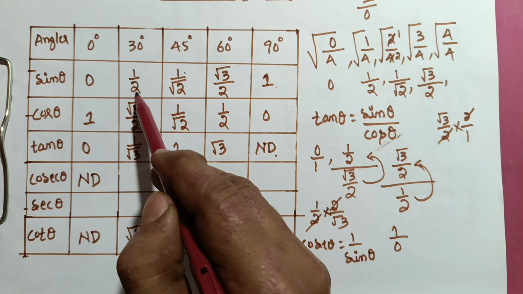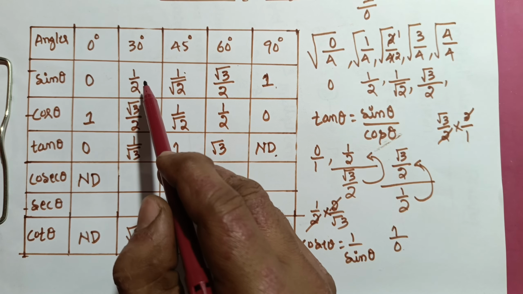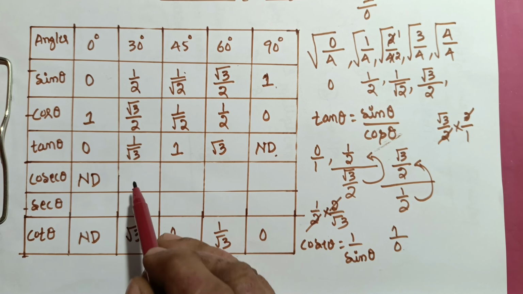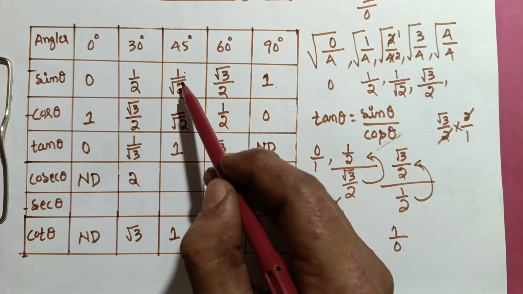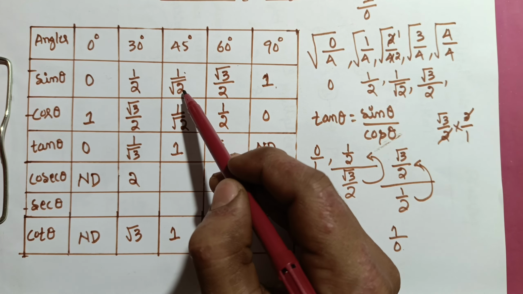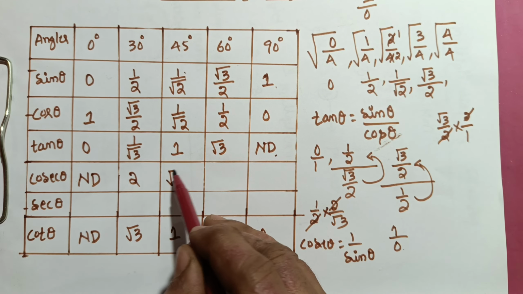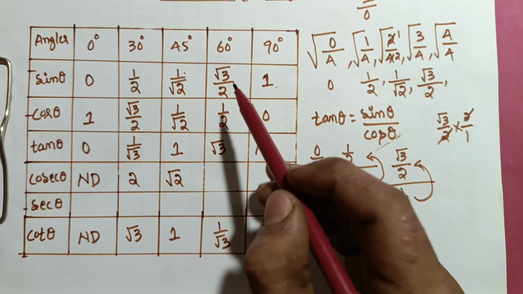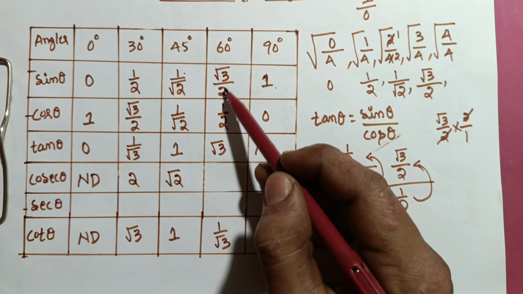Now 1 by 2, take the reciprocal: 2 by 1, which is 2. 1 by root 2, take the reciprocal: root 2 by 1, hence it is root 2.